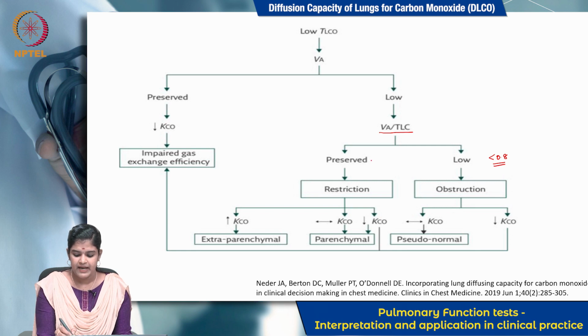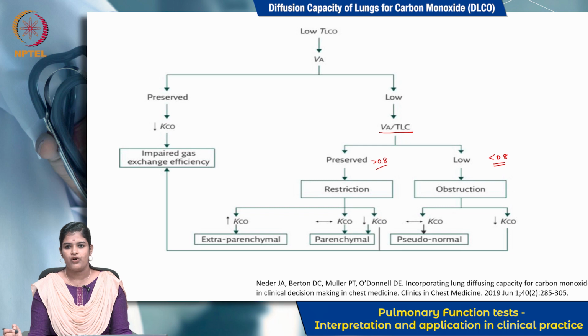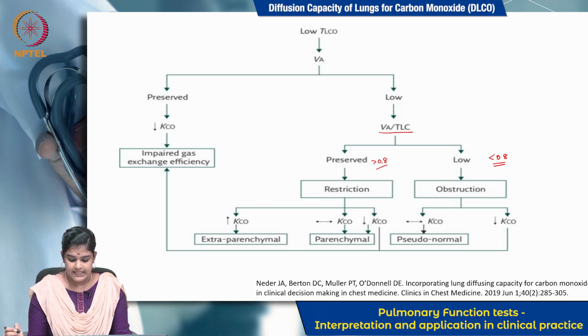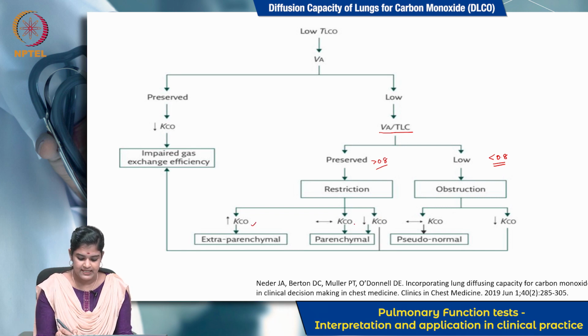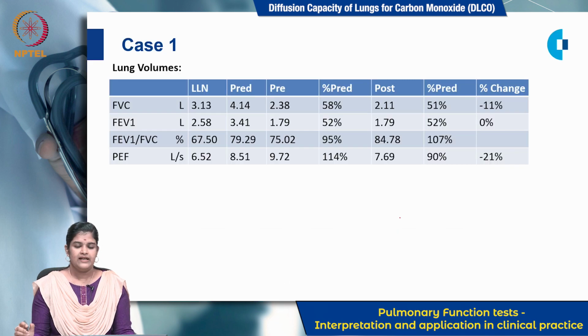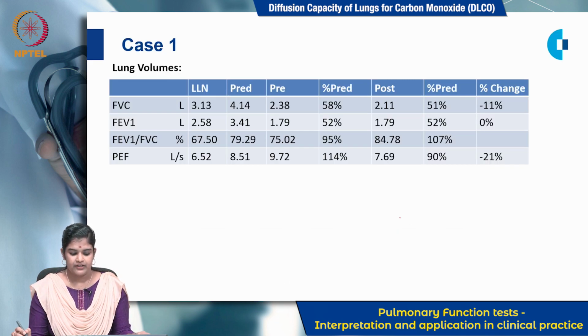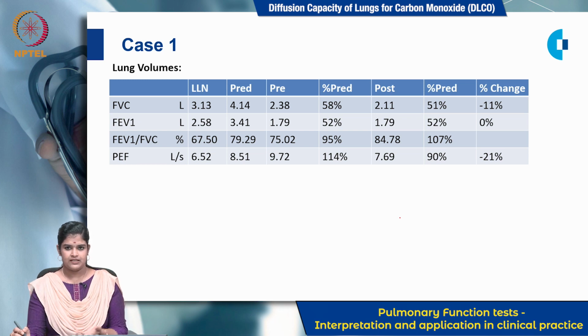If the VA by TLC is preserved and is approximately more than 0.8, then it is suggestive of an underlying restrictive disease. So next we have to look at the value of KCO, whether it is normal, low or high. Now let us start interpreting the report by applying what we have seen so far.